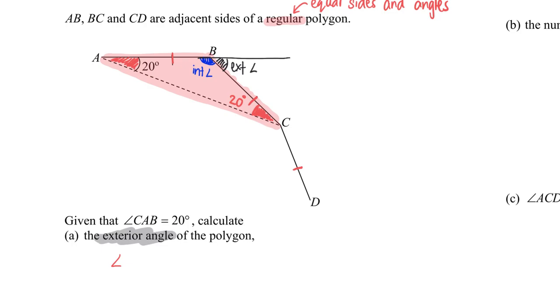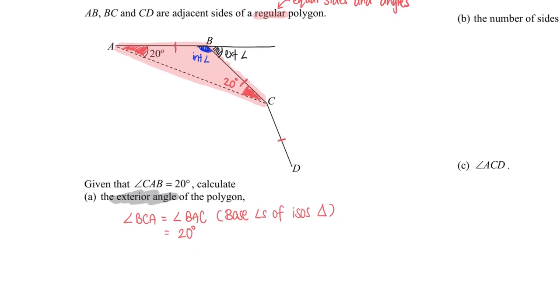Angle BCA is equal to angle BAC because they are base angles of an isosceles triangle, 20 degrees.